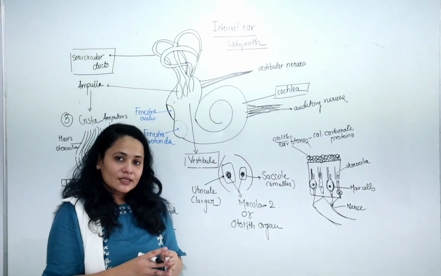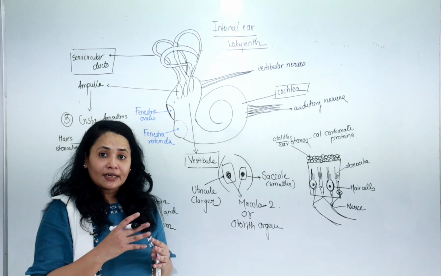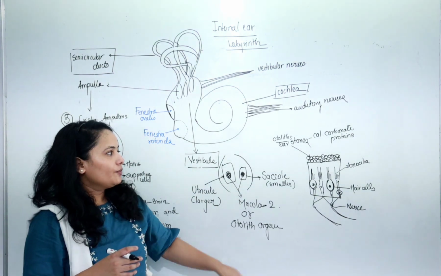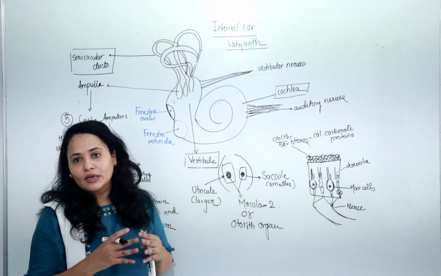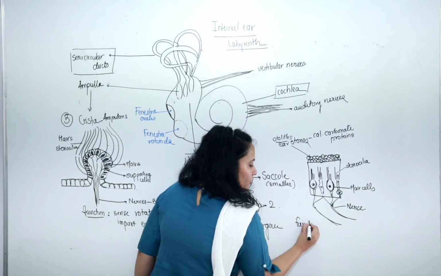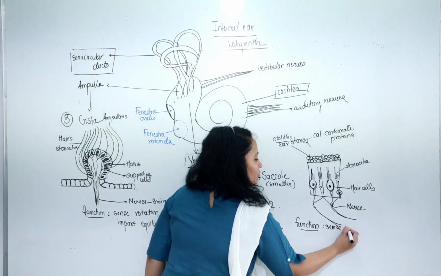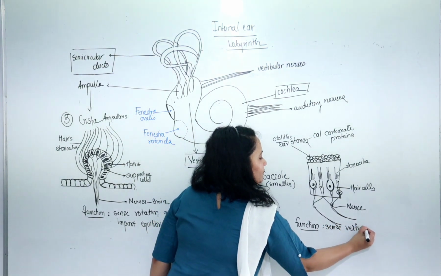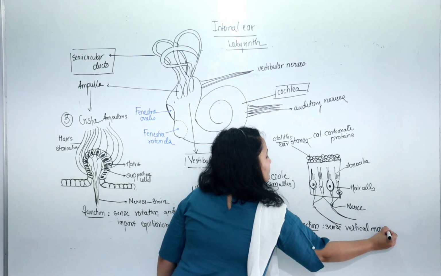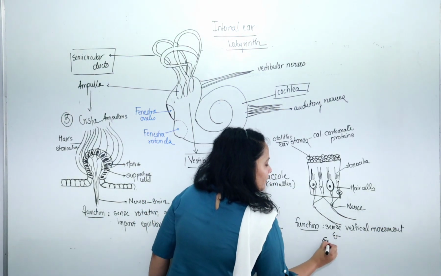Or we can say linear equilibrium, or the static equilibrium, is maintained by this otolith organ. So the function is what? To sense vertical movement and equilibrium.